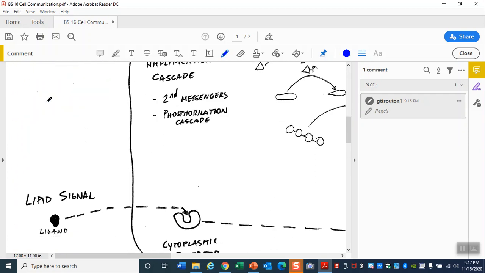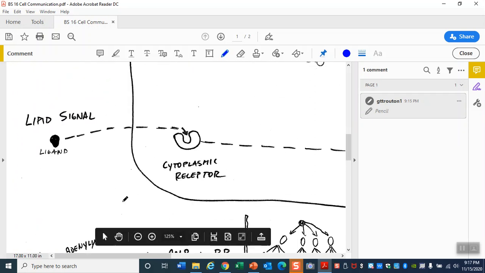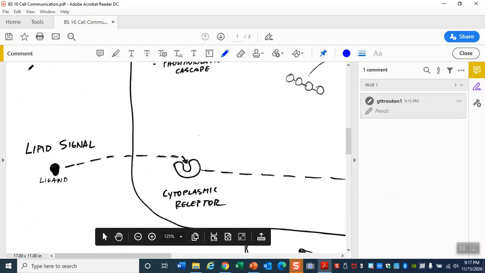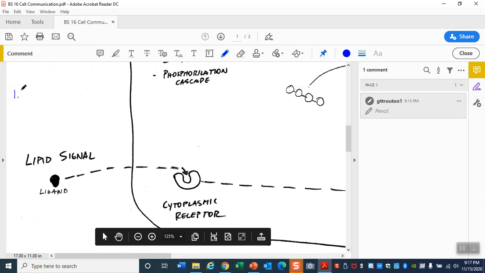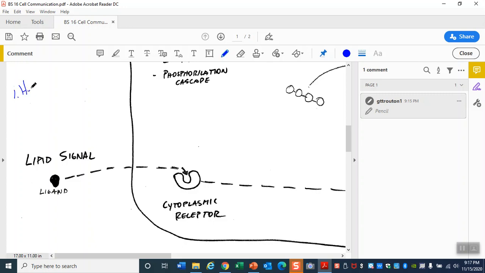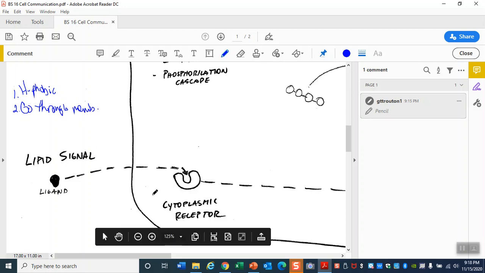Let's contrast this with lipid signals, lipid ligands. In contrast, lipids are hydrophobic. And because they're hydrophobic, they can pass through the hydrophobic fatty acid tails of the cell membrane, right? So they actually can go through the membrane, which means their receptors are going to be in the cytoplasm.